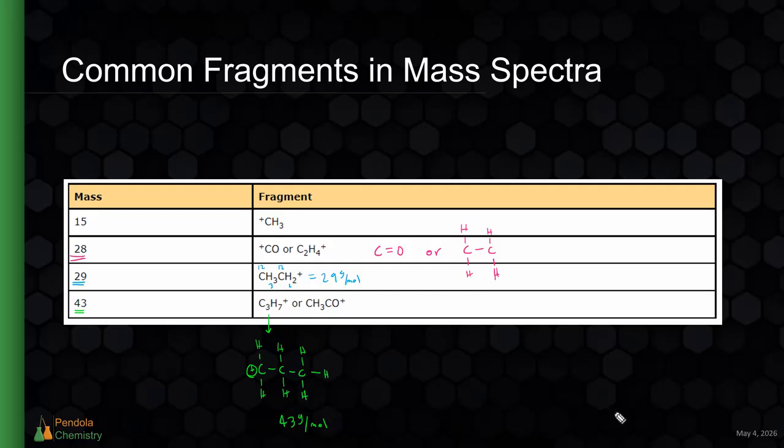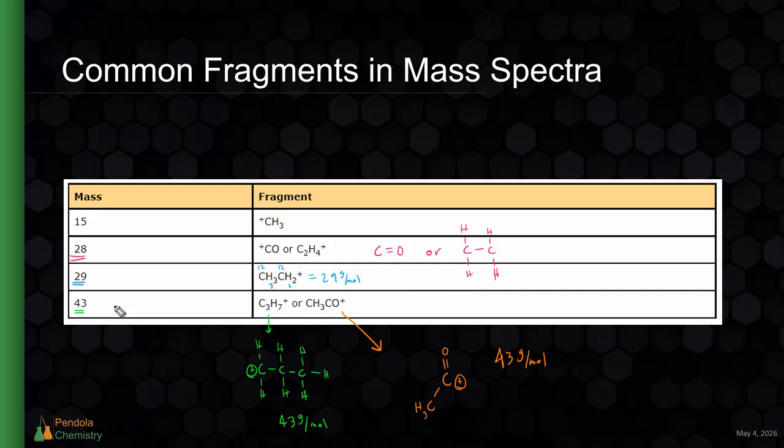Or more importantly, a lot of the time when we see these 43 peaks, they can be what we call methyl carbonyls, meaning that we have a carbonyl group, the carbon double bond oxygen, with a CH3 attached to it and the positive charge on the carbonyl. This also has a molar mass of 43 grams per mole and is very commonly seen as a peak at 43 in the mass spectra.